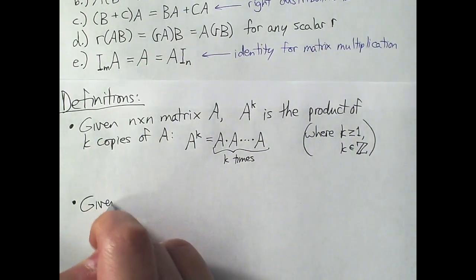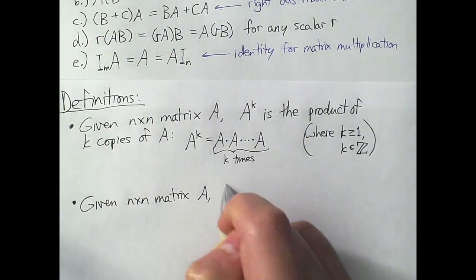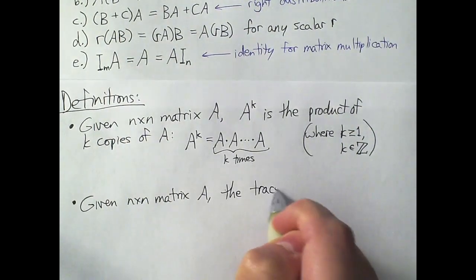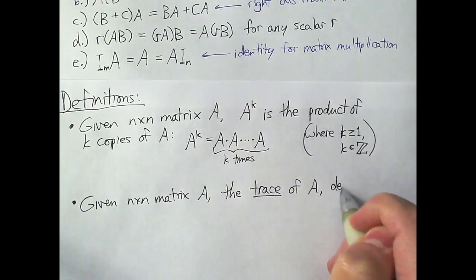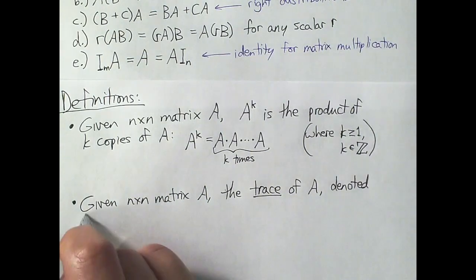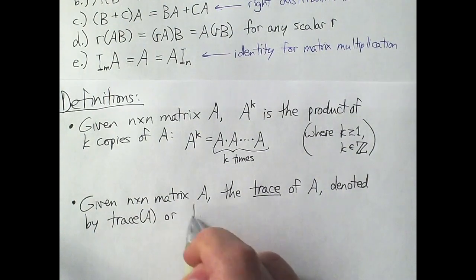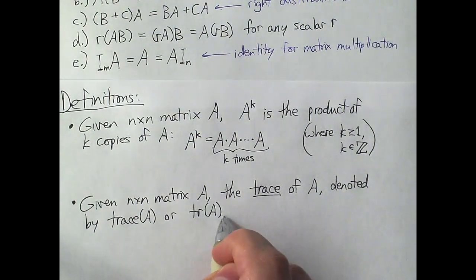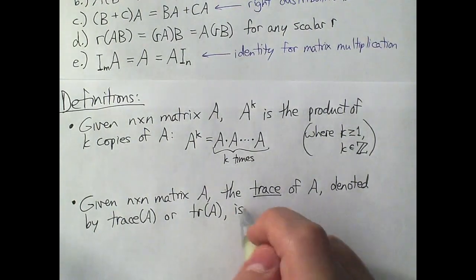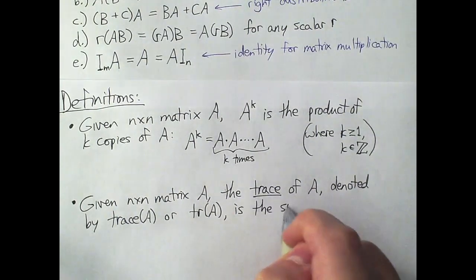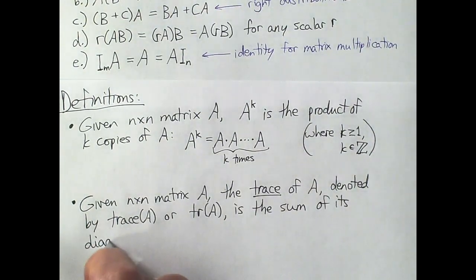Another definition. Given an n by n matrix A, the trace of A, denoted by trace parentheses A or TR of A, is, this one's pretty simple, the sum of its diagonal entries.